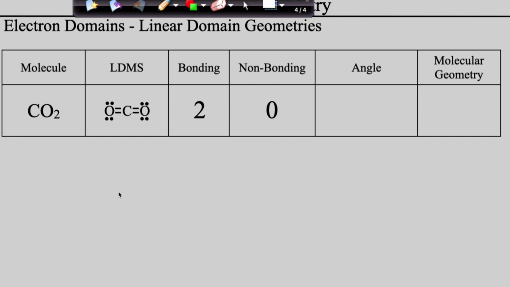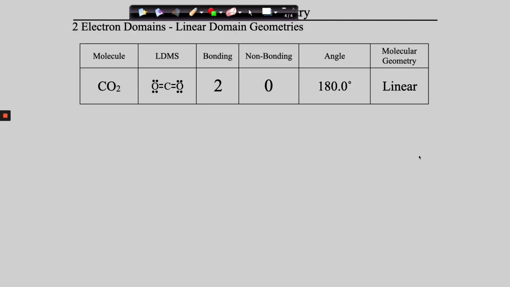But can you see that these are all in a line, and can you see the 180 degree angle? Guys, that's it. The angle is 180 and the geometry is linear. Again, we did not do the example of one bonding and one non-bonding because that would simply be undefined and straight. So, guys, there you have it.